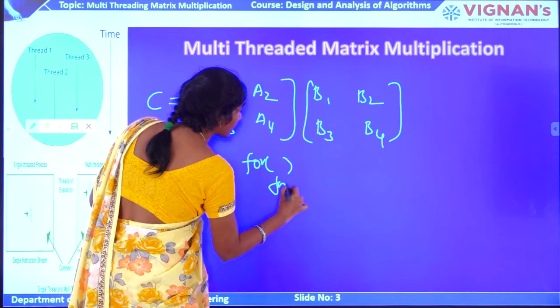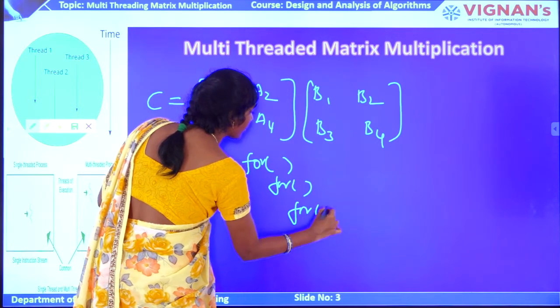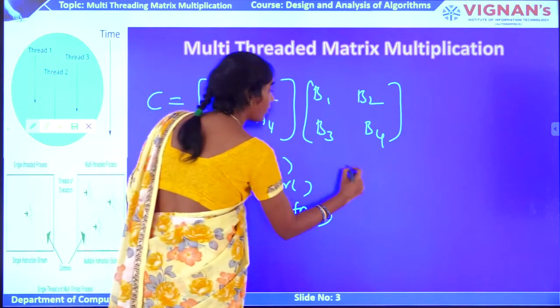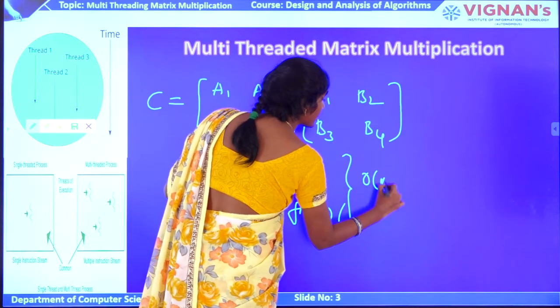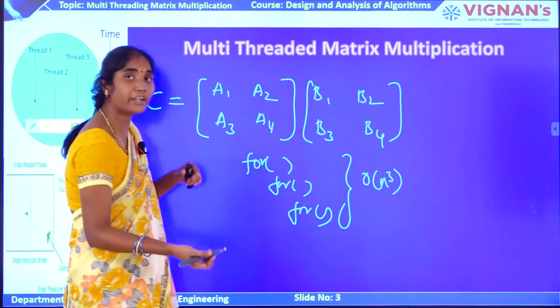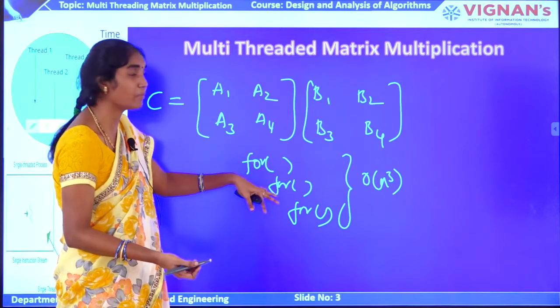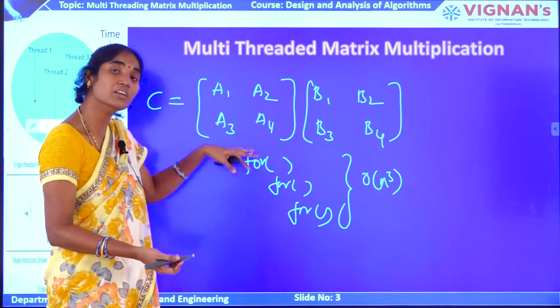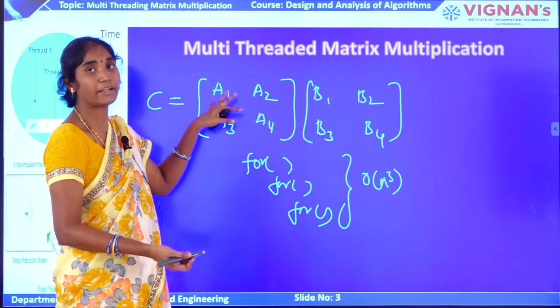The overall time complexity you have already seen is big O of n cube, for the multiplication of two matrices.